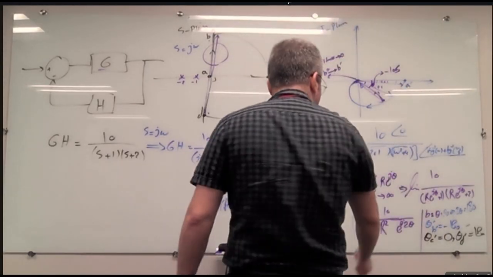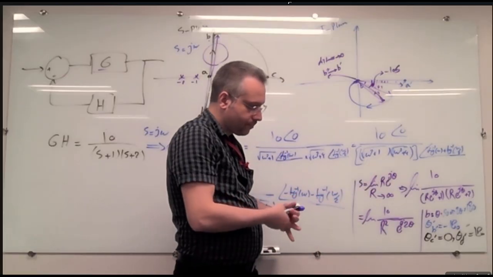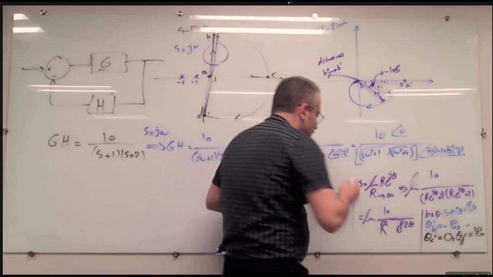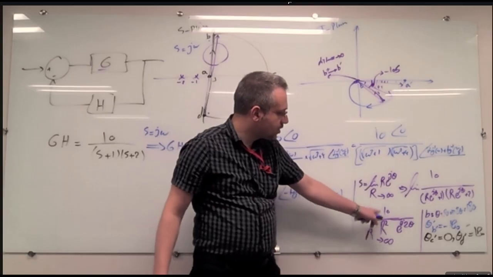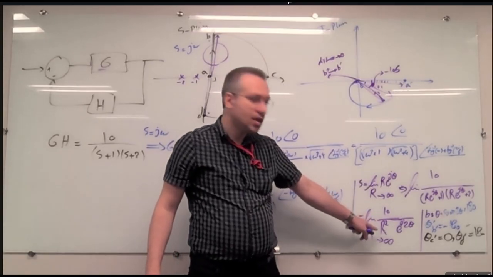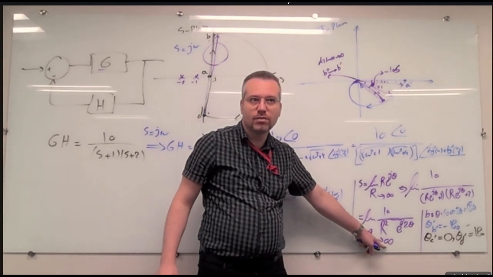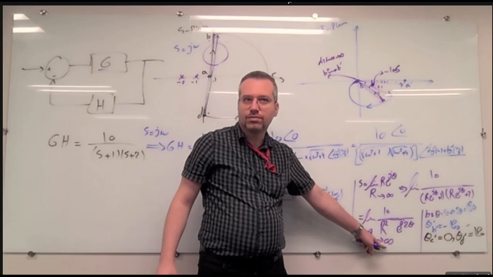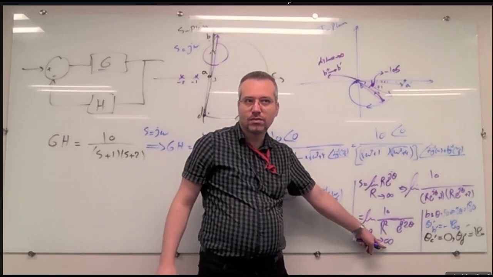Okay? What about their magnitude? When r goes to infinity, what happened to their magnitude? The magnitude is 10 over r squared. If r goes to infinity, their magnitude, all of them, is going to be 0. Are we good? Is that clear?